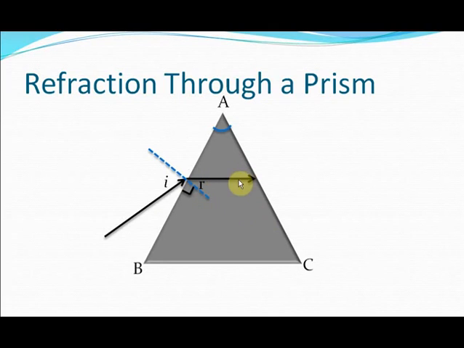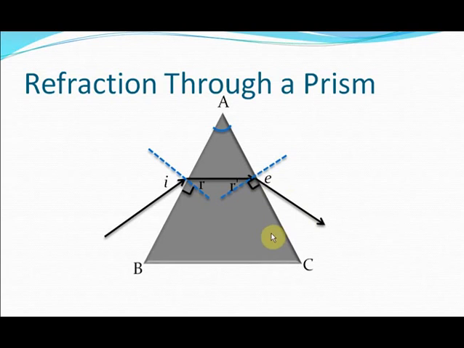Now this ray passing through the prism again gets refracted at the surface AC as it comes out of the prism, like this. The angle of incidence at the surface AC is R dash, as you can clearly see, and the angle of emergence is E. So a ray is incident on a prism, gets refracted in the prism, and comes out like this.